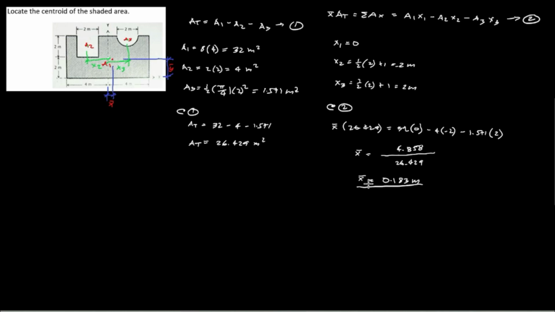So x bar is equal to 4.858 over 26.429, which is 0.183 meters and positive. So x bar is equal to 0.183 meters from the right side of the y-axis.